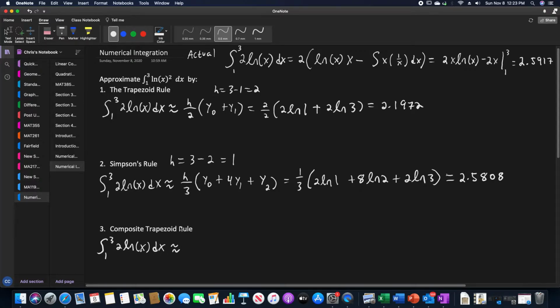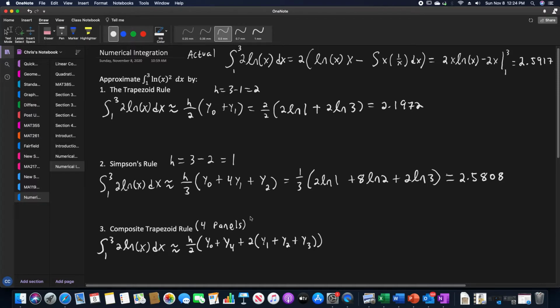And this is going to be approximated by h over 2 times y sub 0 plus y sub 4, plus 2 times y sub 1 plus y sub 2 plus y sub 3.